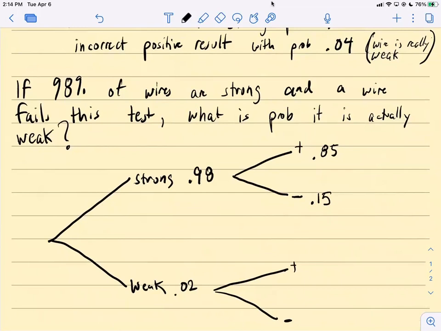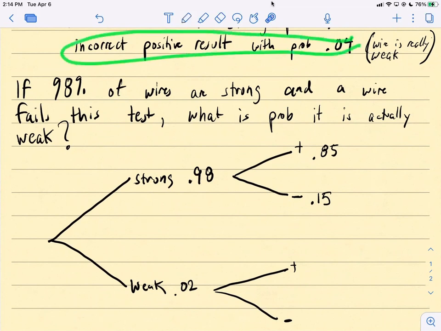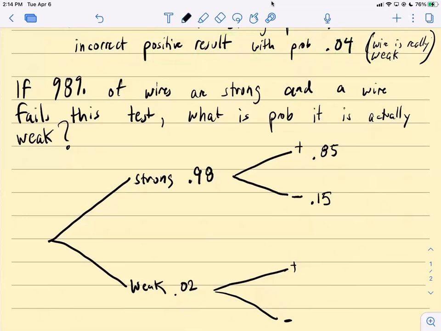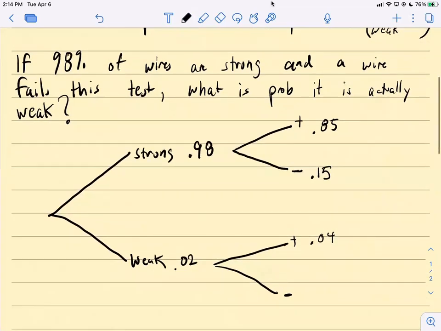What percent should I put for the positive? For the positive one, it should be 0.04. It should be this one. But that would be incorrect. For the negative test, which would be the correct result, the true negative, it would be this one.